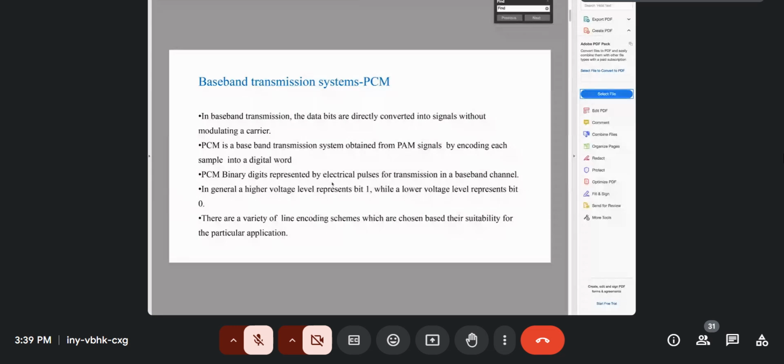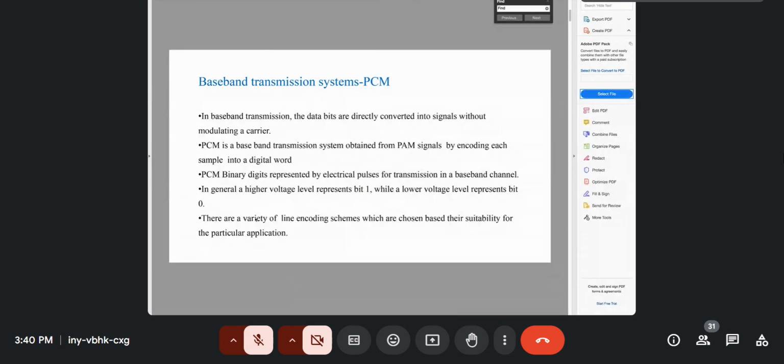So in PCM, PCM is actually the next step from PAM. PAM, that is pulse amplitude modulation, is what you get when you sample, and PCM is what you get when you encode each of those samples into a digital word, and depending on the level of the quantization noise which you want to endure, you decide how many levels you're going to have.